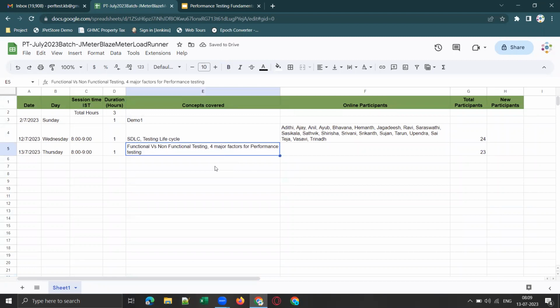Okay, guys. So let's discuss functional versus non-functional testing and what are the 4 major factors for performance testing.